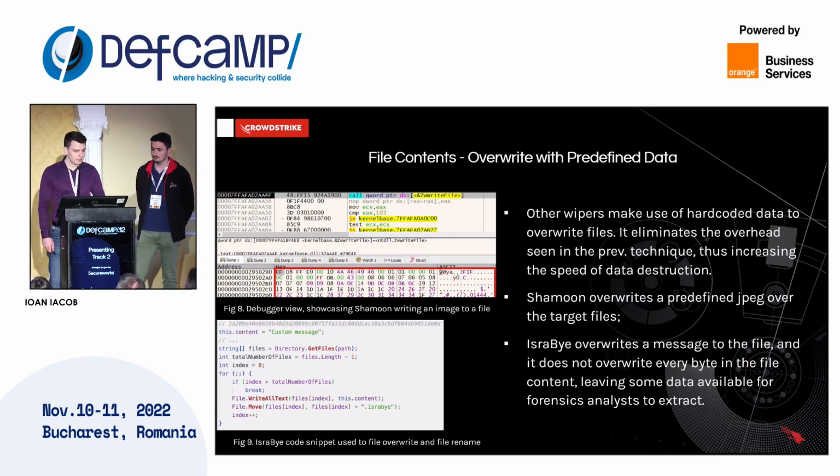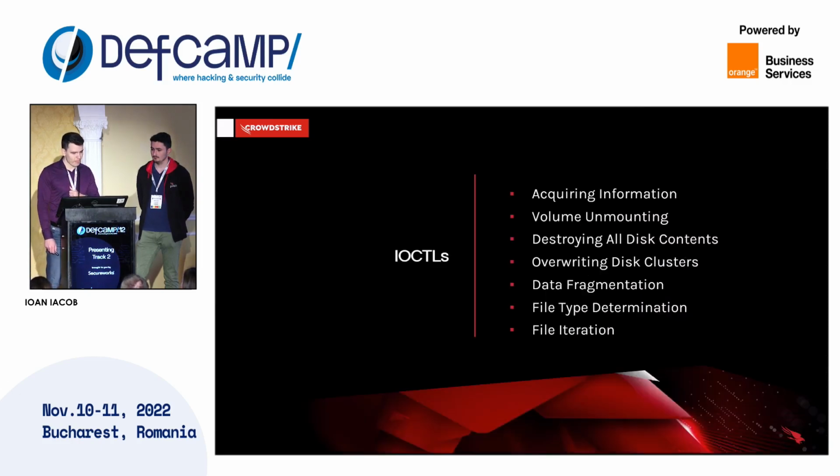You can see here in the memory of this debugger the JPEG header. I won't show you the image, it's pretty ugly. And in the case of Israbai, they were overwriting the contents of the file with a xenophobic message. Israbai was targeting Israel. I think you can guess by the name.